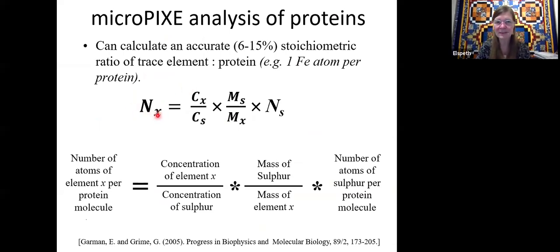So this might be zinc. We take the concentration of the zinc that we've seen in the spectrum over the concentration of the sulfur, correct for their masses, and then multiply by the number of sulfurs that we've counted up in the sequence, and we can get stoichiometric ratios to within 6 to 15%. So we might have 1 iron atom in a protein. So it's a really good system.